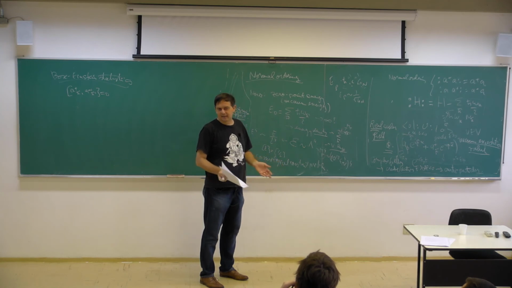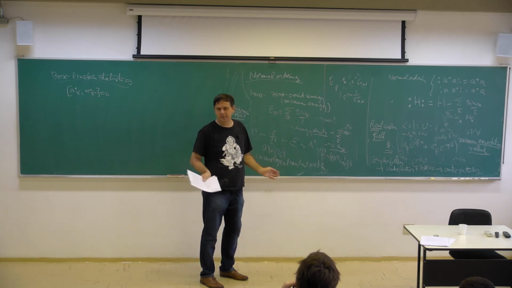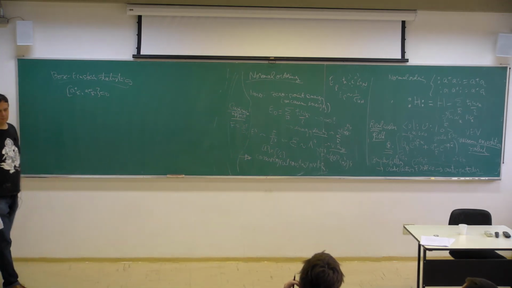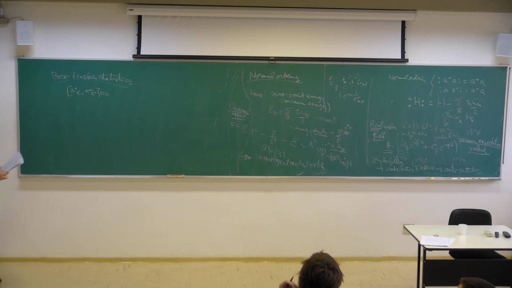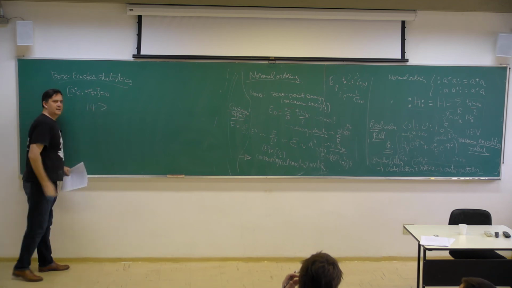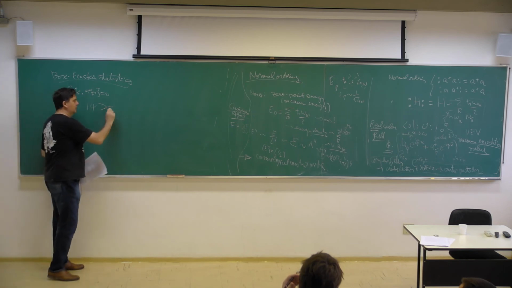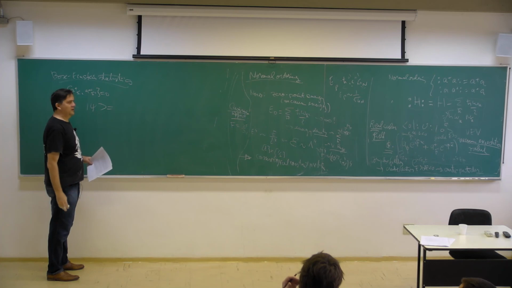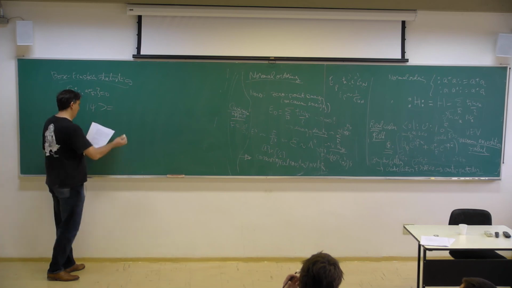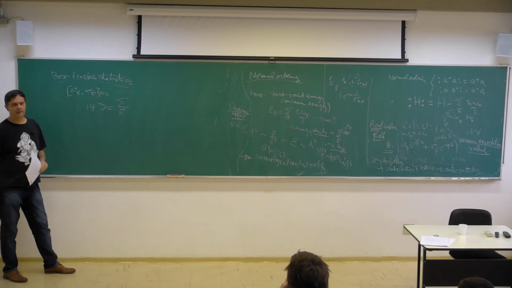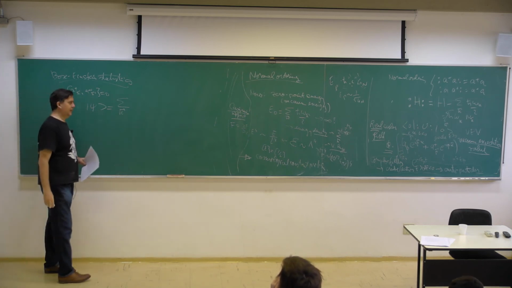But the general state is some combination of all of these states with some complex coefficients in general. So a general state would be such a combination where the coefficients are called the wave function, right? So let's imagine that I have a state with two particles, a general state with two particles.